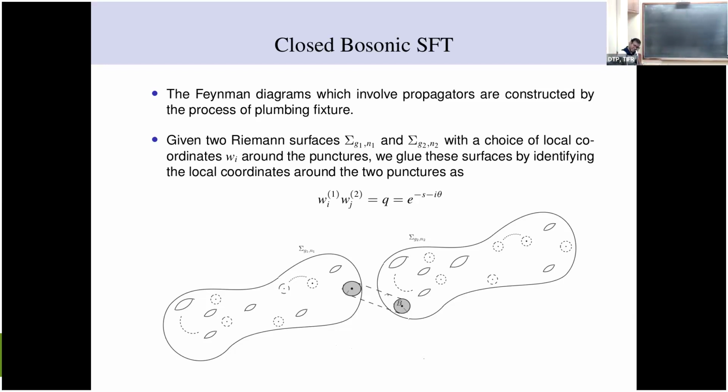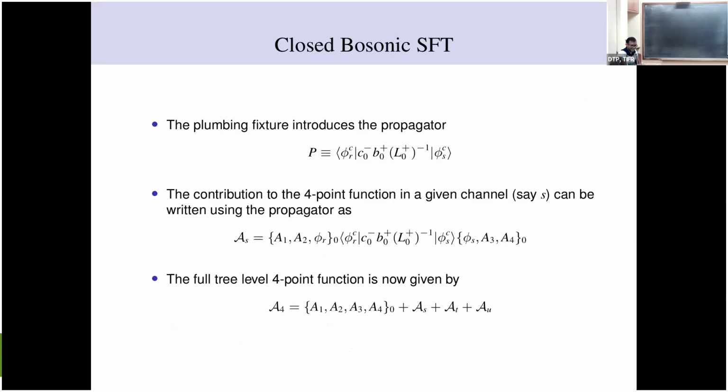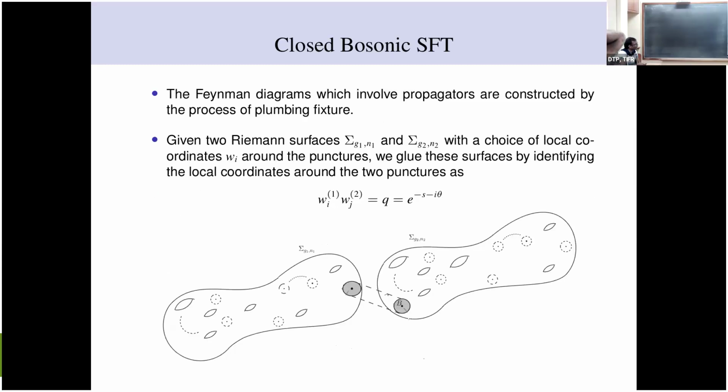If I'm computing an exchange diagram, then the external legs are automatically there, and you just have this surface and the propagator. So you integrate over S. And that's where the ambiguity comes. That will be part of the moduli of the joined surface. This Q becomes like the proper time.